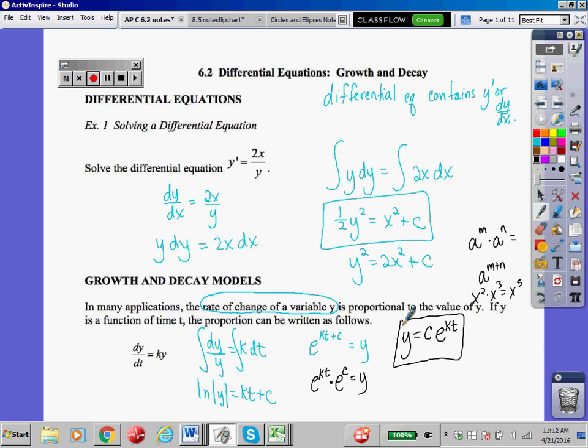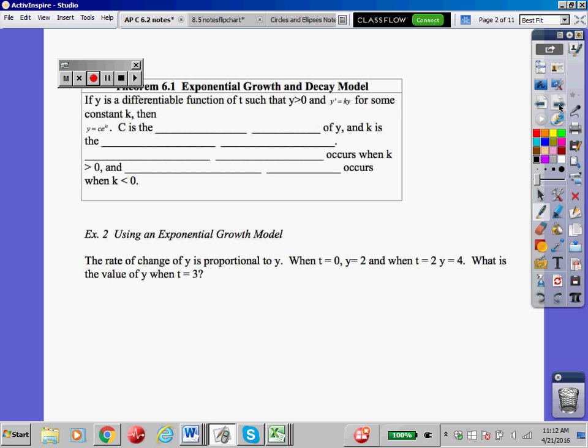Okay. All right, so let's look at the box, okay? Everybody got it? So here's in general. If you have that y is a differentiable function of t such that y prime equals k times y, then y, and I worked this out for you, okay? So what's kind of nice, you can either rework it every time, or if you see that the rate of change of a variable is proportional to that variable, you can automatically write y equals c e to the kt.